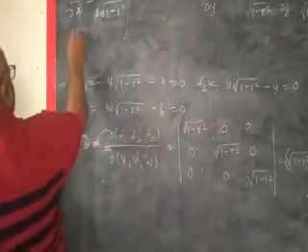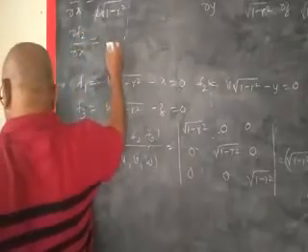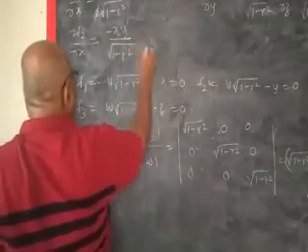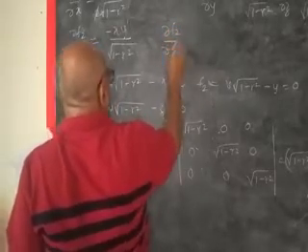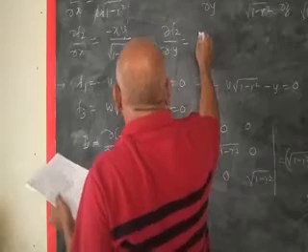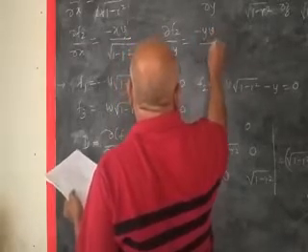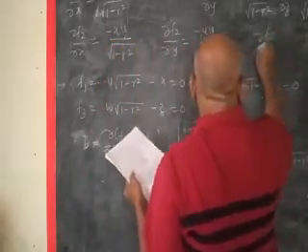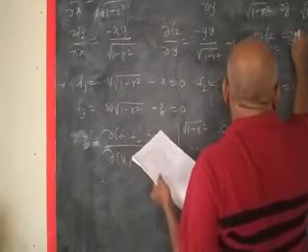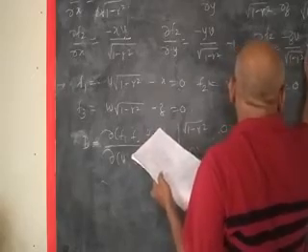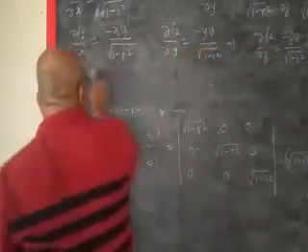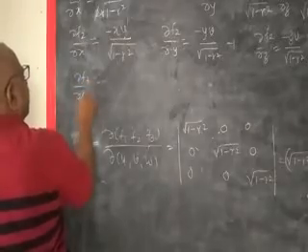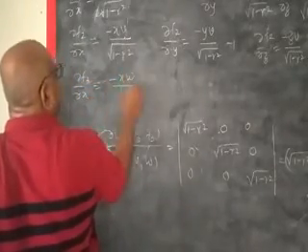On the same line, dou f2 by dou x equal to minus xv by root of 1 minus r square, dou f2 by dou y will be equal to minus yv by root of 1 minus r square minus 1, dou f2 by dou z equal to minus zv by root of 1 minus r square, and dou f3 by dou x equal to minus xw by root of 1 minus r square.